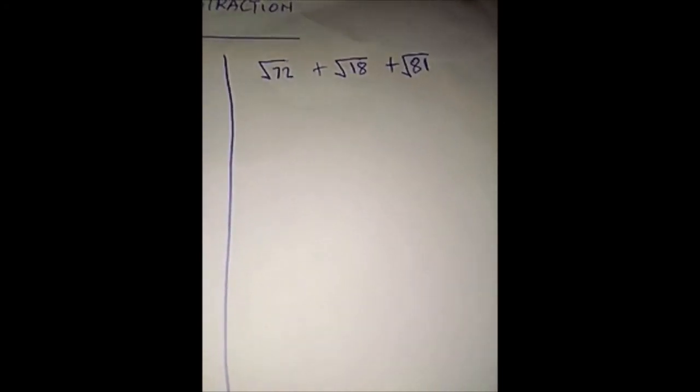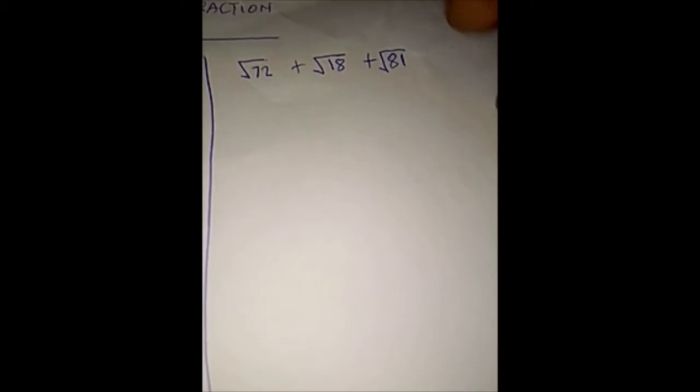Now, to do this is very simple. Just simplify the root 72 into a simpler surd form, then simplify root 18 to a simplified form, and this 81, I think it is a perfect square, so that is very easy.